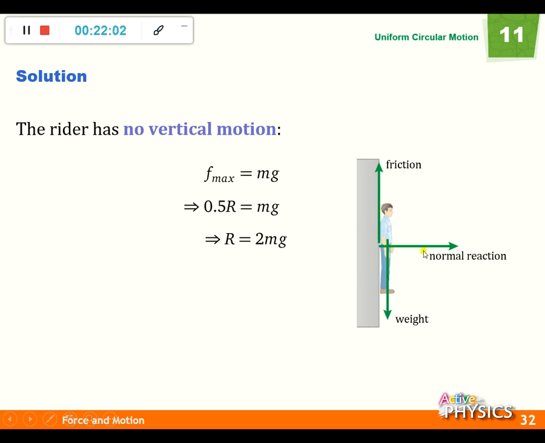But this friction depends on the normal reaction. The maximum friction should be equal to mg, because they balance, then the rider can stay in mid-air. Then you can find out the normal reaction should be 2mg.